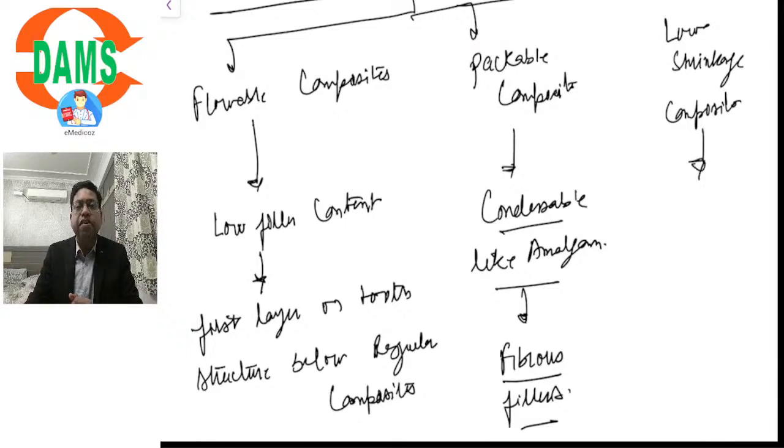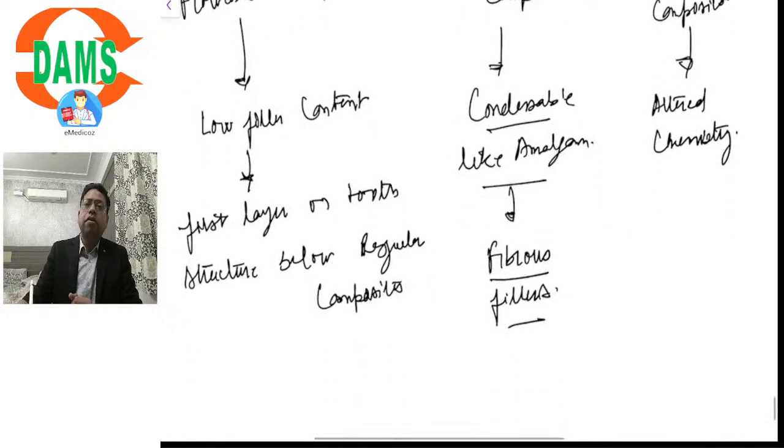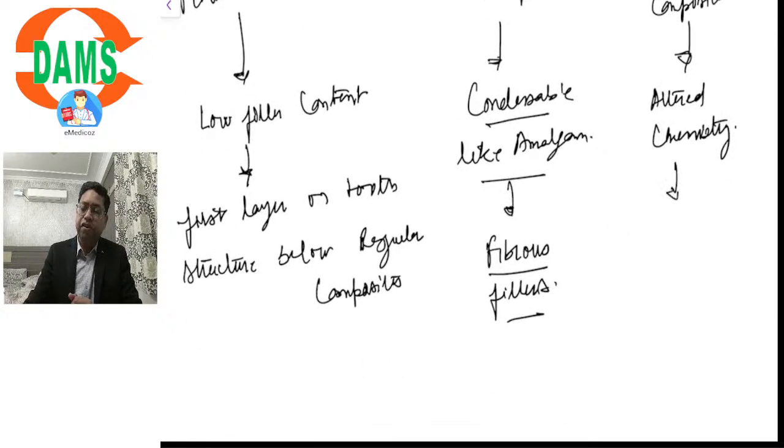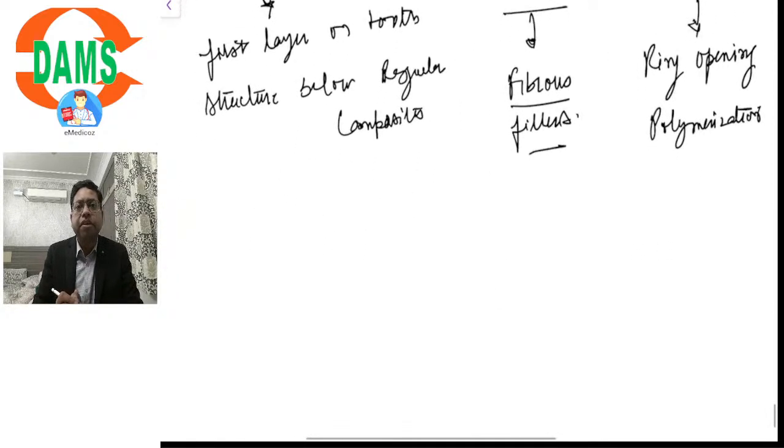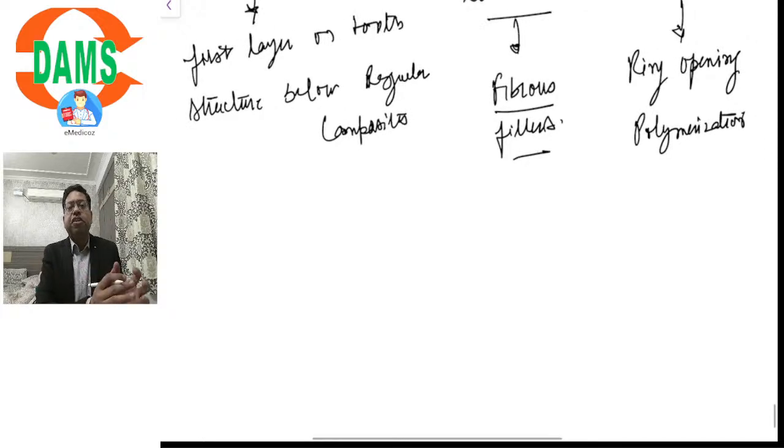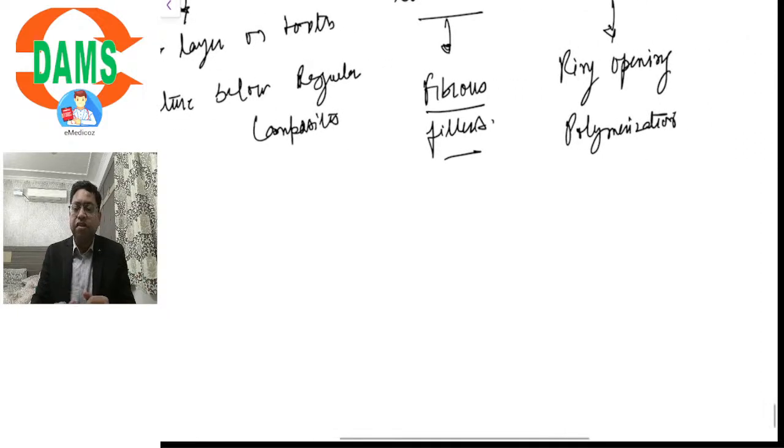We have seen that polymerization shrinkage is the chief disadvantage of composite. To counteract that, they have altered chemistry. Altered chemistry means they would undergo ring opening polymerization. Additionally, what is the polymerization method? It is the addition polymerization. They keep on adding chains.